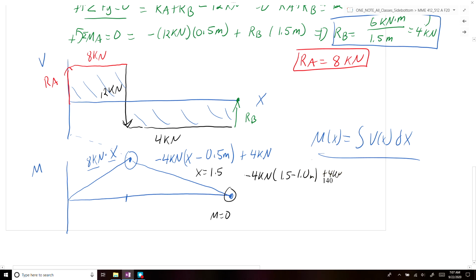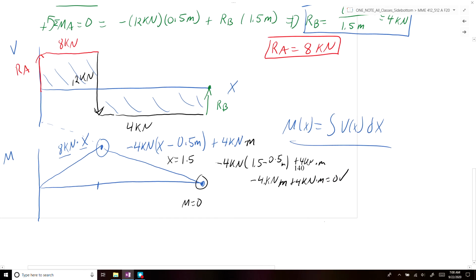We plug all that in, we get minus 4 kilonewton meters plus 4 kilonewton meters, which is 0. So that's good, our equations work out.